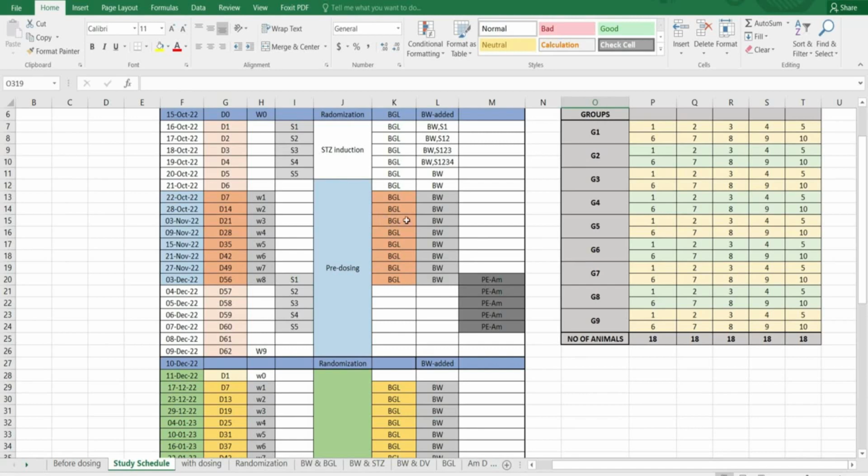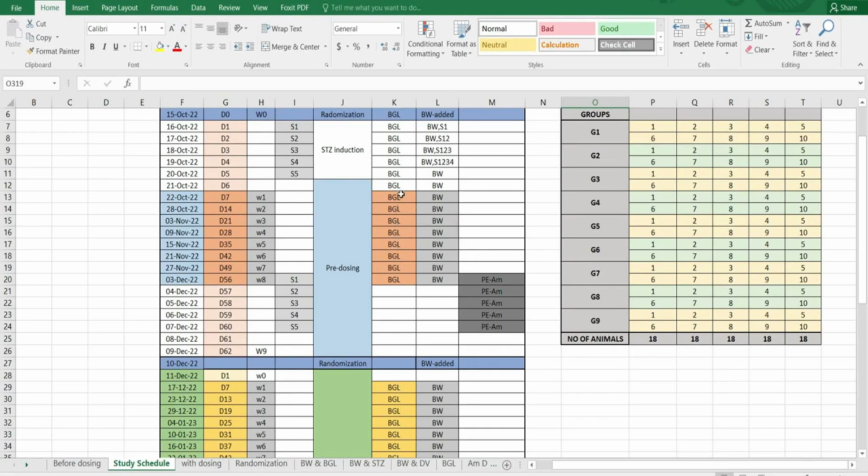During pre-dosing, while checking blood glucose level, we have to check whether the glucose level is rising above 500 or not. If it is rising above 500, we have to maintain that blood glucose level in the range of 300 to 500 only, and for that we have to give insulin to the animals.